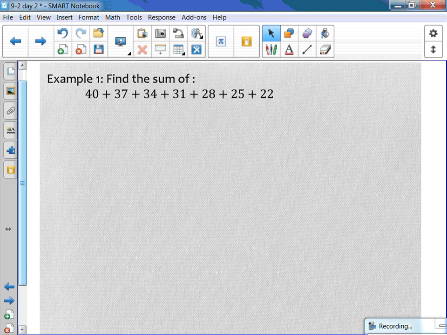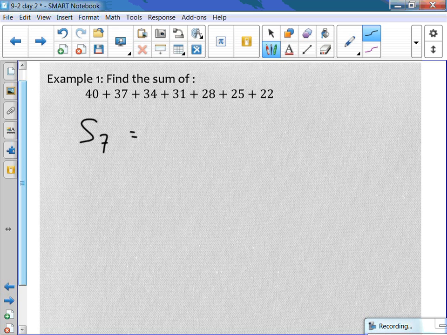It is arithmetic, and we know that we can use the formula. How many terms do I have here? 7. So to find my sum, my n equals 7, again, my n over 2, so 7 over 2, times my first term, plus my last term.